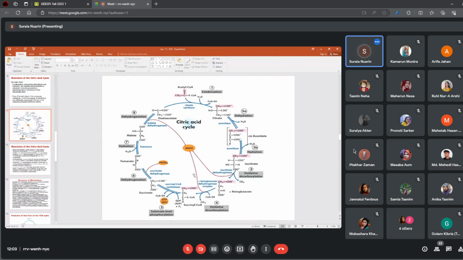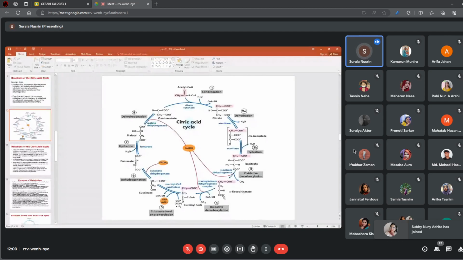Because it is a dehydrogenase, there will be participation of a coenzyme, in this case NAD plus, which accepts the electrons coming from the reaction and becomes NADH, and the carbon dioxide is released.